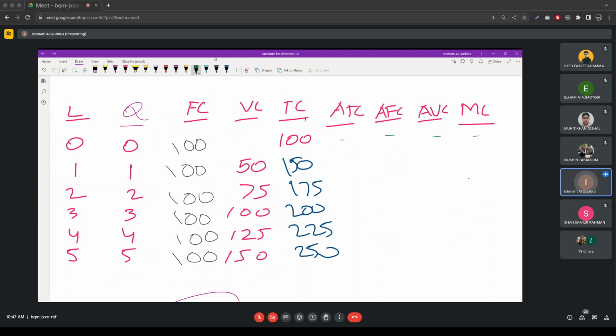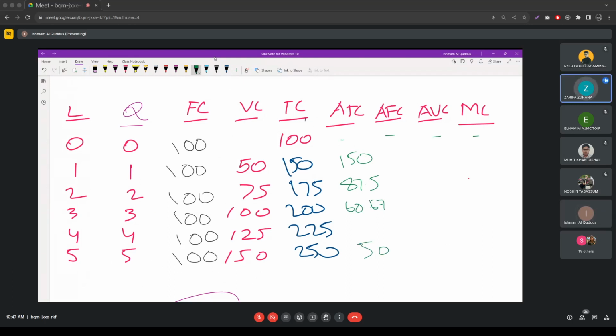What about the average total cost here? 150 divided by 1, so 150. 175 divided by 2, which is 87.5, right? 60.67, okay. 225 divided by 4, how much is it? 56.25.